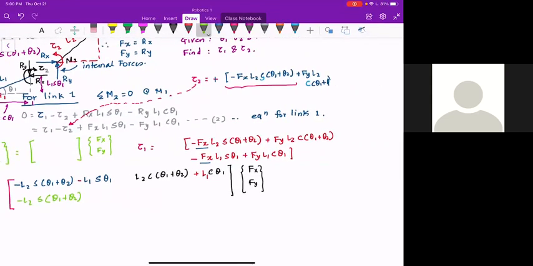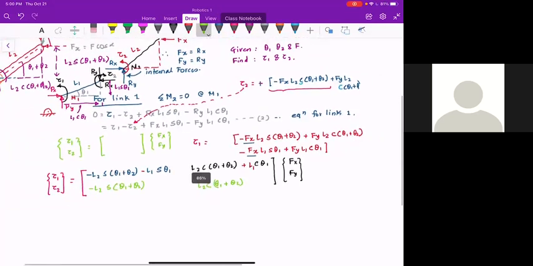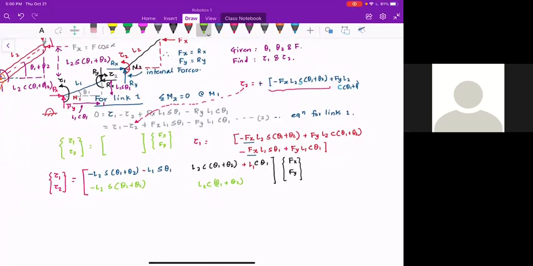And this next part is going to be cosine theta 1 plus theta 2 multiplied by L2. So this is how it looks. Any questions, concerns, ideas?